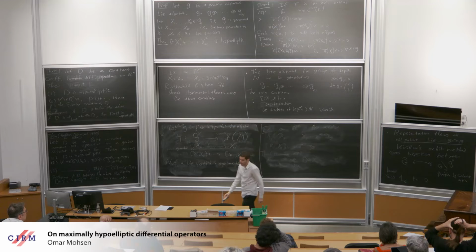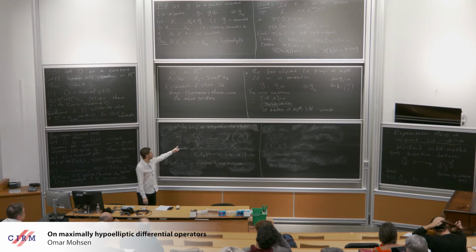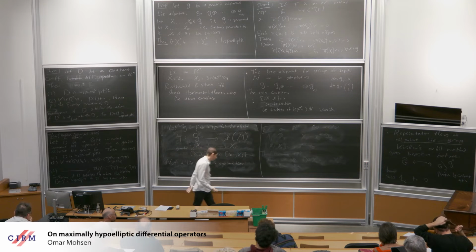Now, I have a map from G to vector fields.